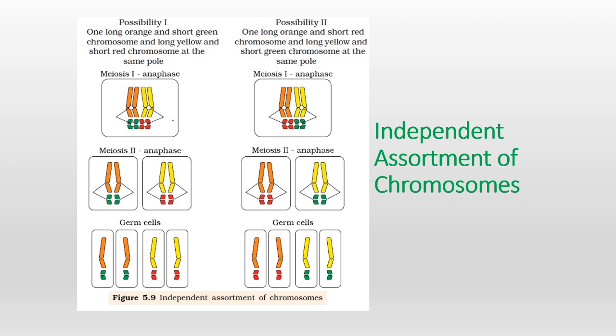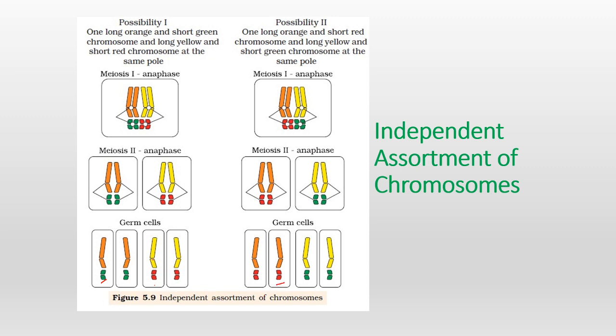Now the point of showing you this particular image is the independent assortment of the chromosomes. So the chromosomes here can independently assort, they can form combinations in the germ cells independent of the partners or of the other chromosomes. That means the long orange chromosome can go with green, or the long orange chromosome can go with, as you can see here, red.